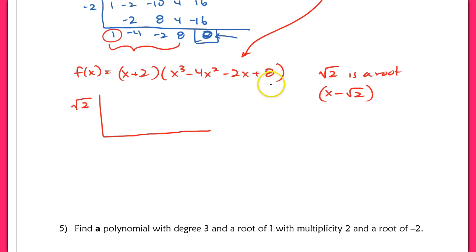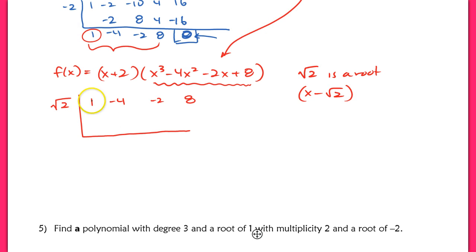Now you're going to divide this polynomial by the square root of 2. So we have 1, negative 4, negative 2, and 8. And I want to space this out a little bit. Don't be worried just because you have an irrational number on the outside; it doesn't change the way that you solve using synthetic division. We're still going to carry down that 1, and multiply 1 times root 2, and we end up with root 2.